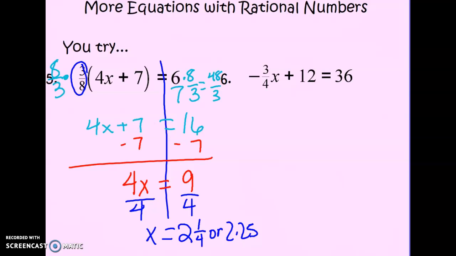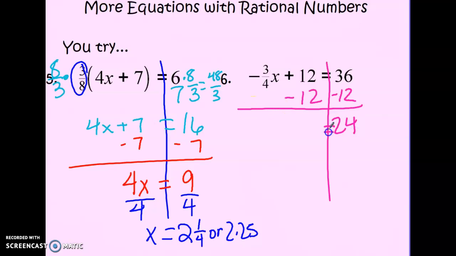So let's try the next one. Go ahead and draw your line. The first step for this one is to subtract 12 from both sides. It's going to leave me with 24. The next thing I need to do, this is what I'm multiplying by, so I can multiply by the reciprocal.